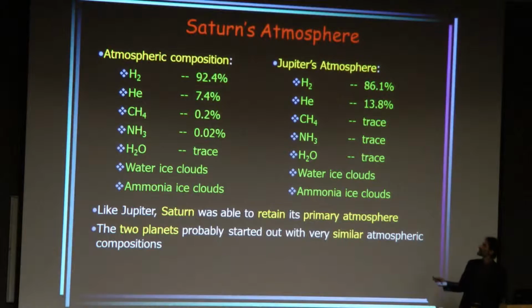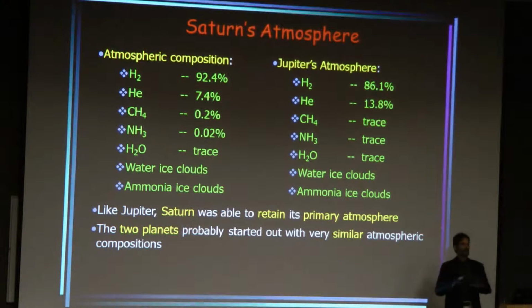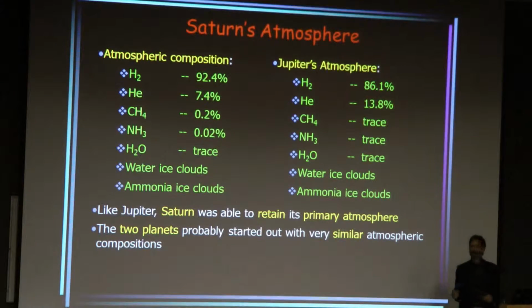All right, so when we look at these numbers, I should point out that this is the composition measured at the cloud tops. Now, we don't have any way to drill down into Saturn or Jupiter and know what's going on deep inside. So when we're talking about atmospheric composition, what we really mean by that is the cloud top composition.